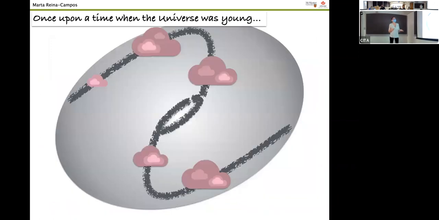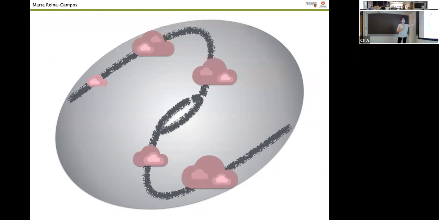So with this idea of whether globulars are the products of regular cluster formation at high redshift, this is our current understanding of how stellar cluster formation and evolution happens. Once upon a time, when the universe was young, galaxies were extremely gas-rich. And in these gas-rich galaxies, there were clouds of gas that would collapse and lead to the formation of massive stellar clusters.